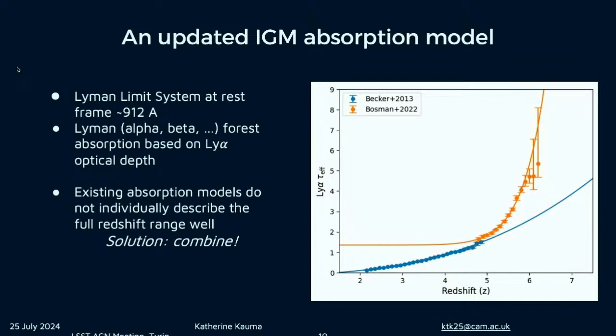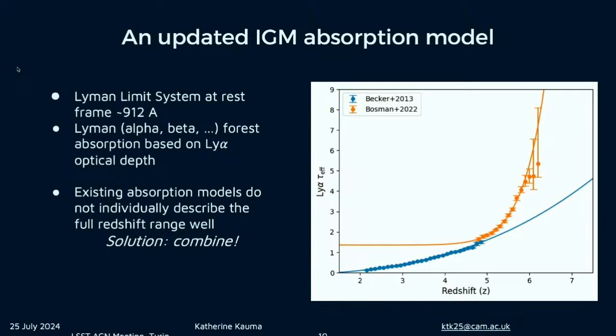And then we have the Lyman alpha forest, and the rest of the Lyman series as well. And that is largely based off of the optical depth of Lyman alpha as a function of redshift. So in the blue, the original model that is used in the Temple quasar models is only calibrated for below redshift 5. I found another model that is calibrated for above redshift 5, but they don't connect.